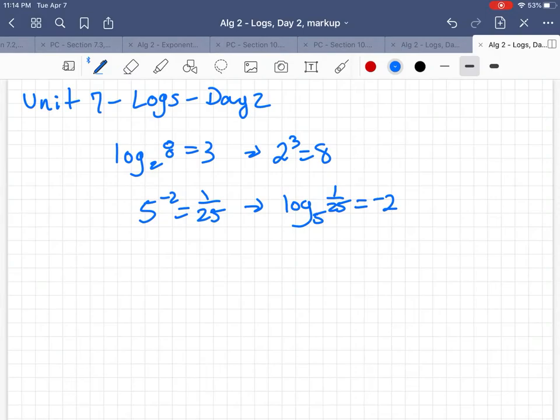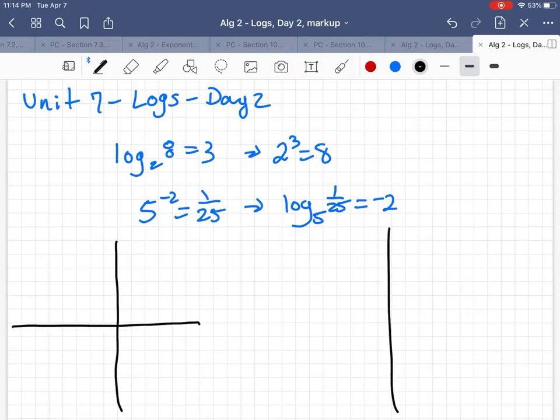So a couple of other things I want you to remember that we went over last time. We had 2 different graphs. So we looked at the graph of an exponential function, and also the graph of a log function, and how they were inverses of each other. So like if we drew y equals 10 to the x, remember it went through 0, 1, came through here like that, all right?